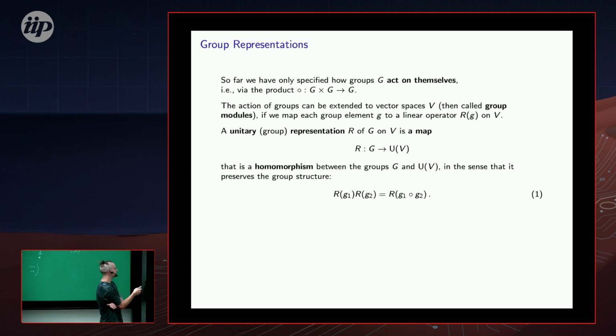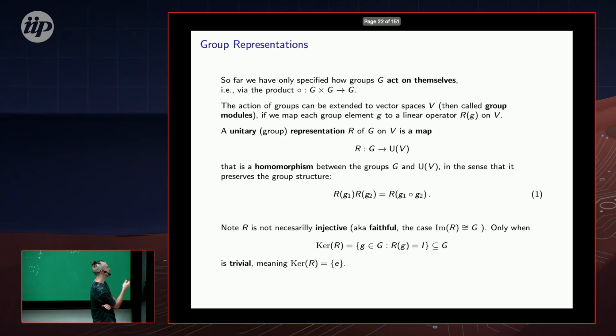This doesn't mean that the image of R, so the subset of UV where the group gets mapped, is isomorphic to the group. There could be a kernel, so the map doesn't need to be injective. As I'm saying, the image of R doesn't need to be G.